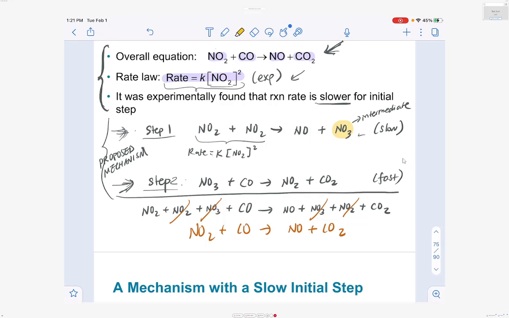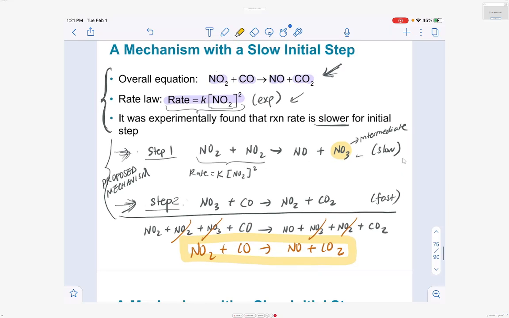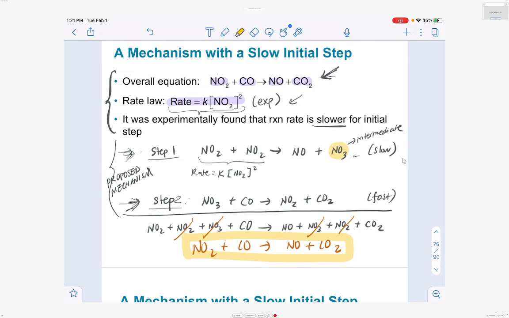Dr. Lee, I hate to slow you down, but how did you come up with the proposed mechanisms for step one and step two? For step one, we know the initial step is the slower step. That's already provided information.